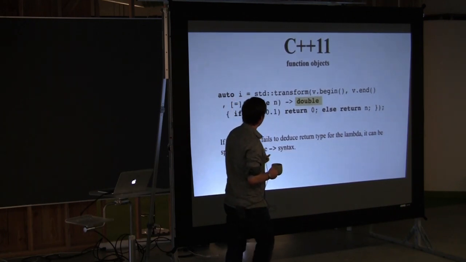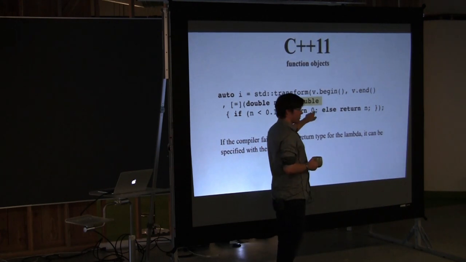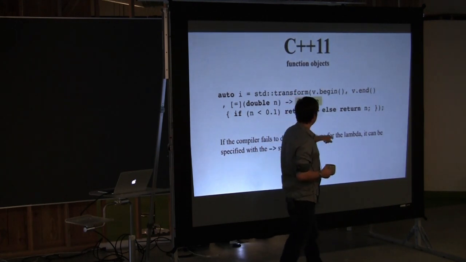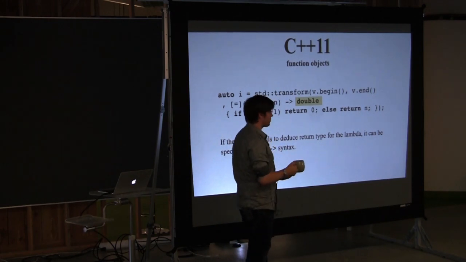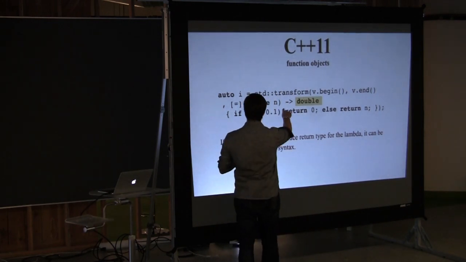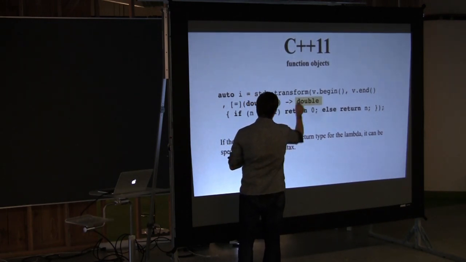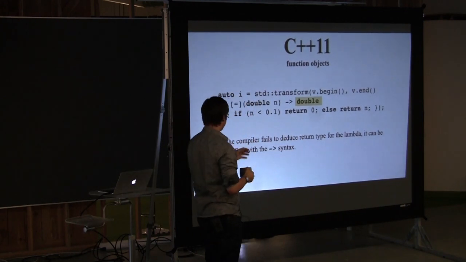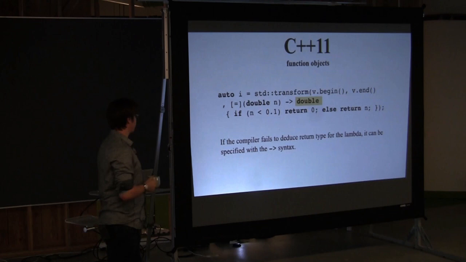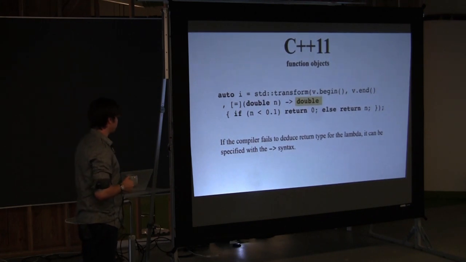At this point, it's actually a bit ambiguous because 0 is typically by default an integer and n clearly is a double. So the compiler will be like, well, are you trying to return an integer or a double? So you can use this arrow syntax and say double after your argument list to specify that double is in fact the return value of this lambda function.